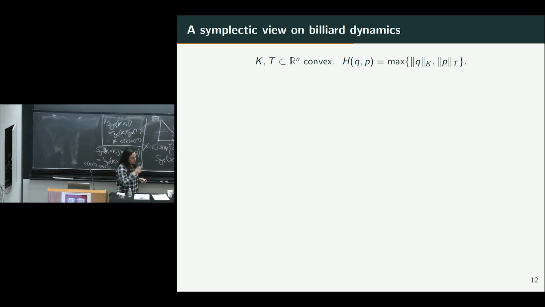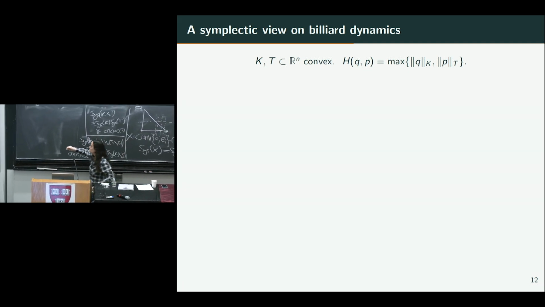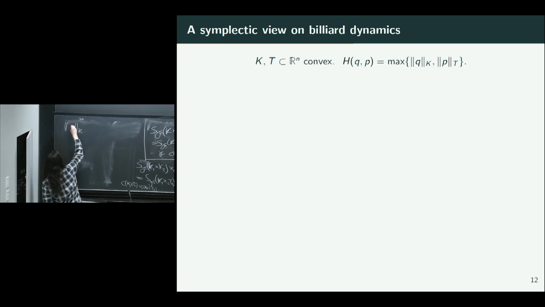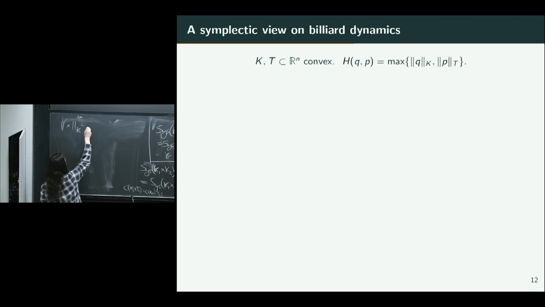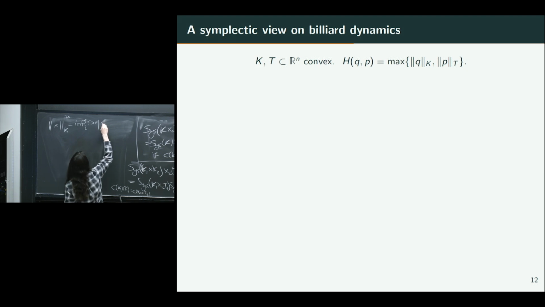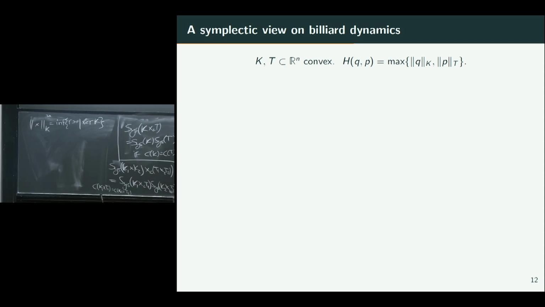And the norm here is just the norm such that the domain K would be a unit ball. So it's an infimum of a positive number such that x belongs to the scaled domain.